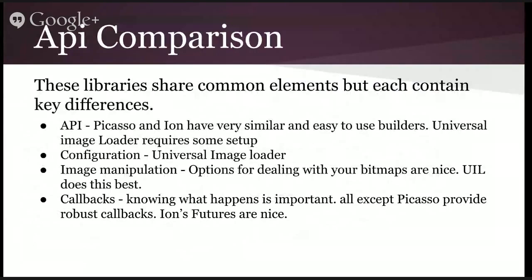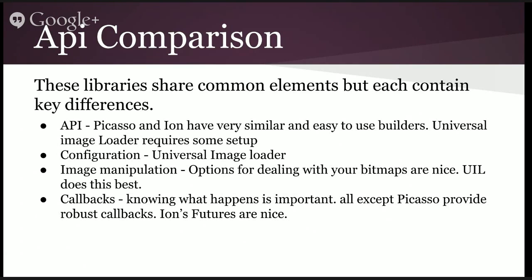Okay, so the API comparison. How easy is it actually to use these libraries? For the most part, with all of them, you're going to be doing a little bit of configuration. With Picasso, you don't. A lot of them are designed to just work out of the box, and you have to do very little.